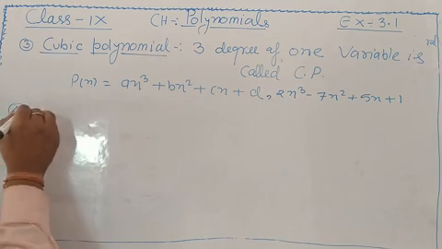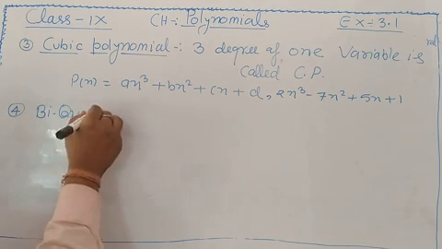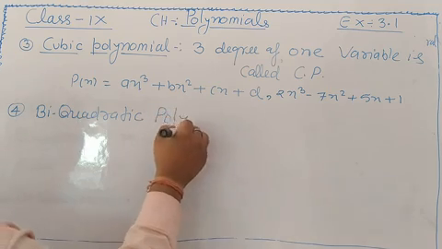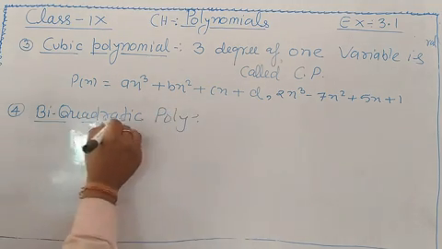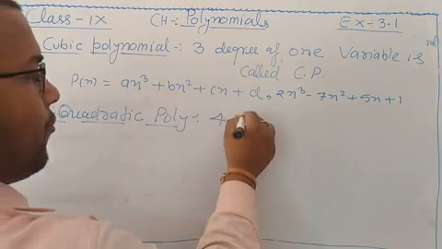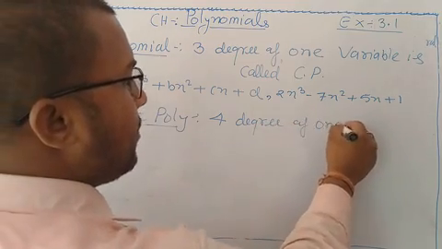Number 4, students, biquadratic polynomial. Biquadratic polynomial means four degree of one variable.